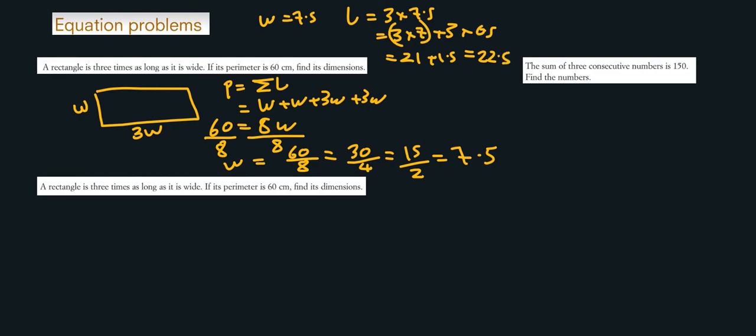If we multiply 7.5 by 22.5, we arrive at 168.75.